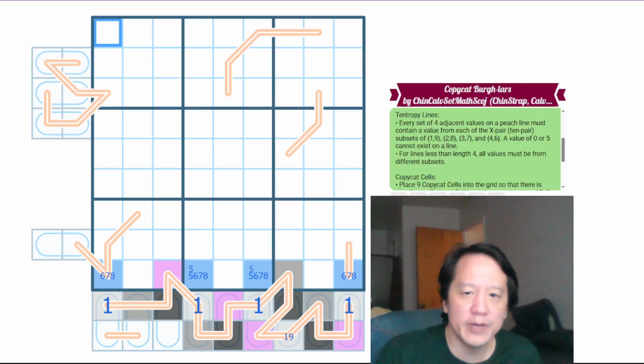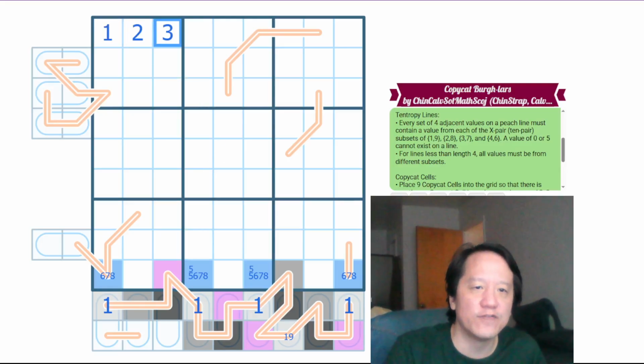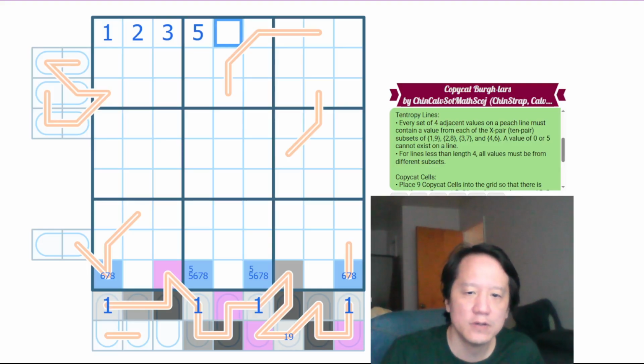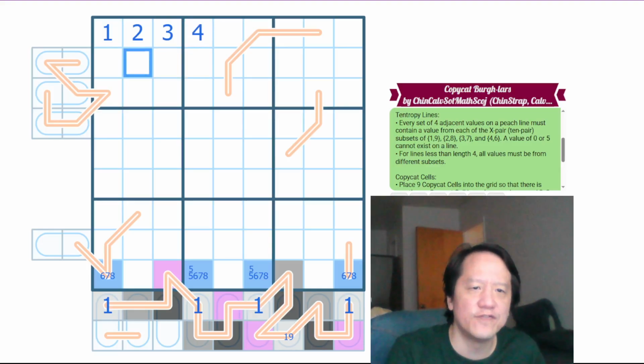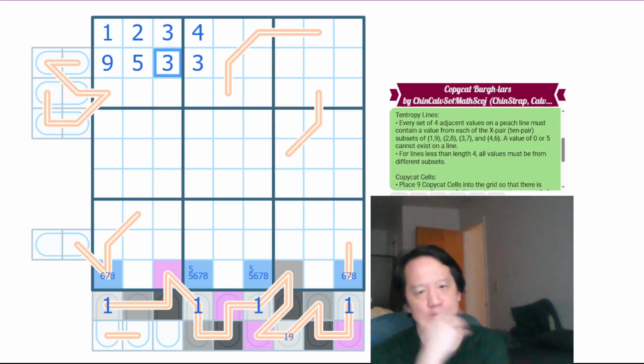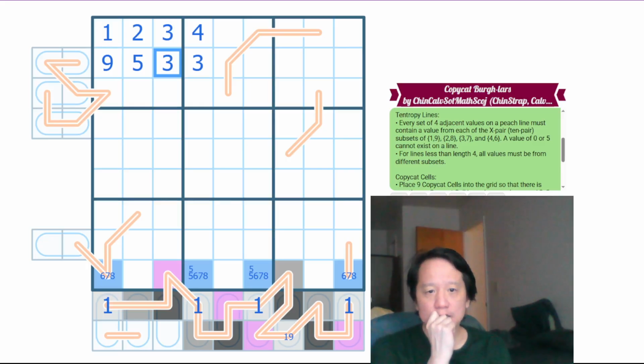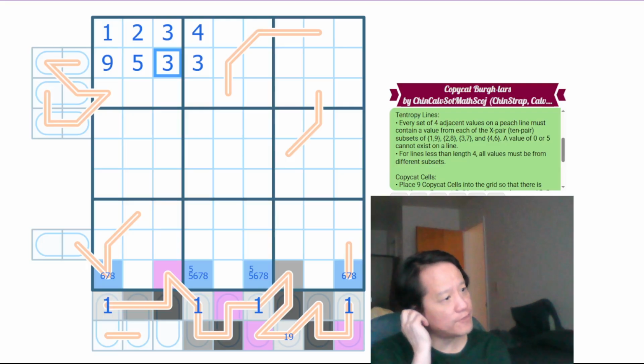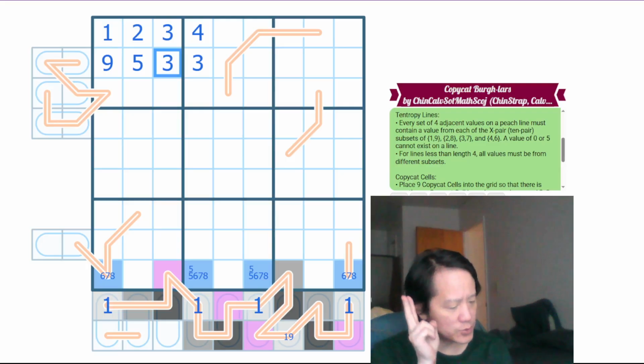Okay, so the remaining sets are 1, 2, 3, 4, 5. 1, 2, 3, 4. No 5, right? 5 is 2. So that means we have 9, 5, 3, and 3. So 3 and 4 add up to at most 24.